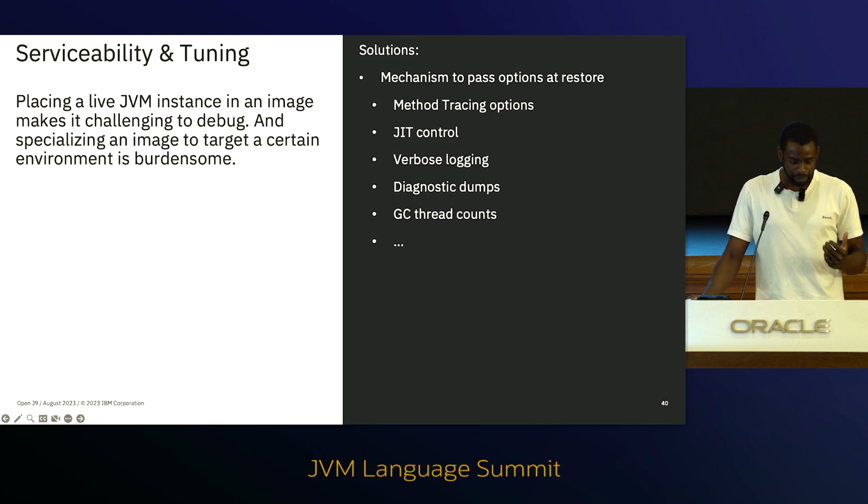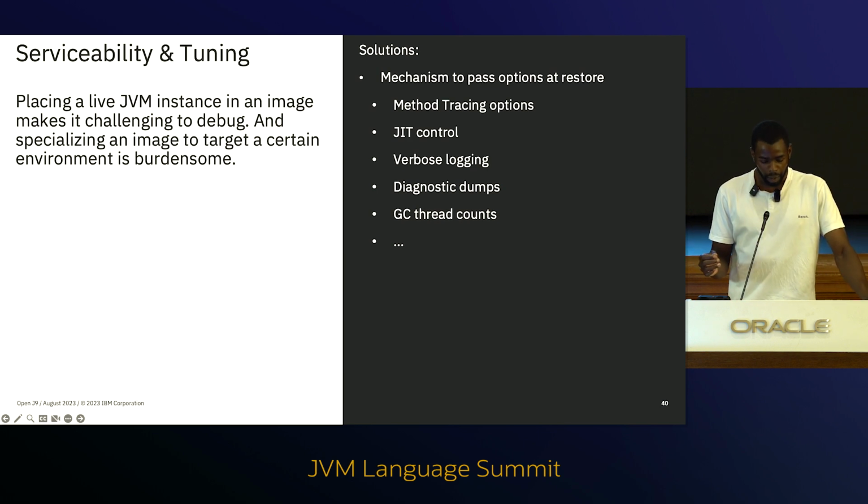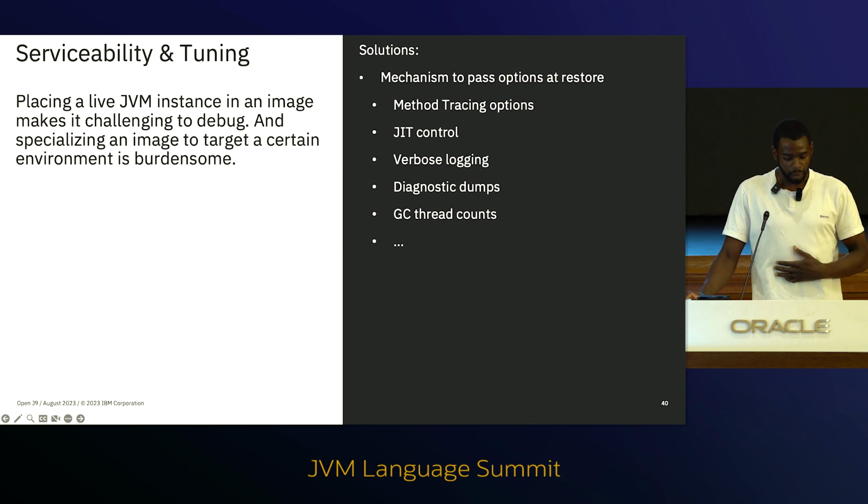So what we're doing is adding support to add JVM options on restore. So you build one image, but then on restore, you provide options that change the JVM behavior. So you can add diagnostic options, turn on thread dumps, or even use some tuning parameters. The list of tuning parameters is fairly small right now, but we're adding more as we go on.